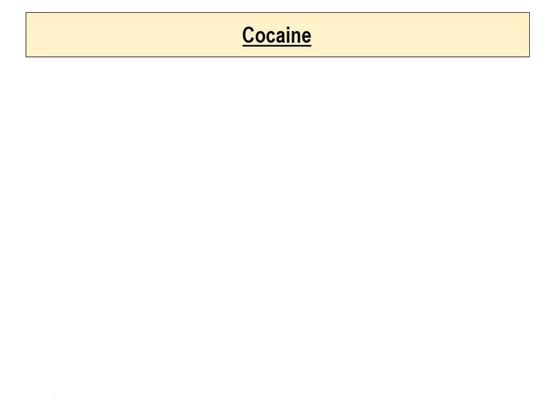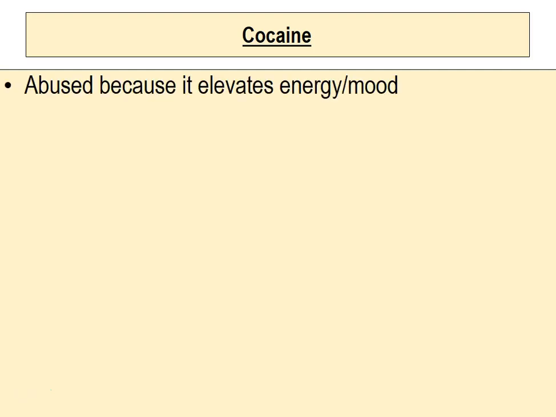Okay, and then cocaine has been found to affect many different neurotransmitters, and one of the reasons it's abused is because it elevates your energy and mood. All of these neurotransmitters that we've been talking about, like dopamine and serotonin, also norepinephrine, are mood-enhancing neurotransmitters.